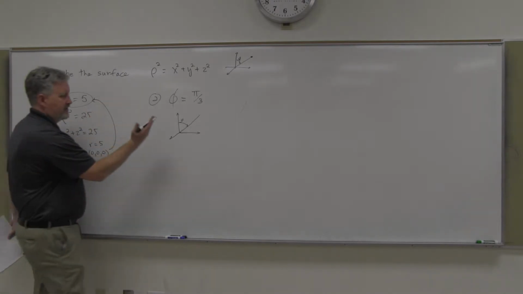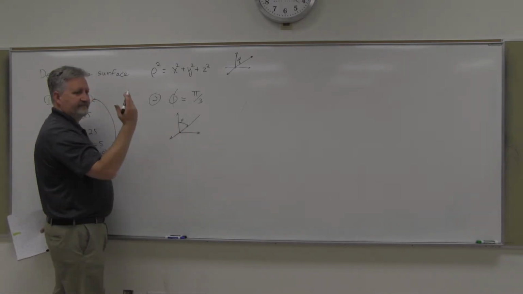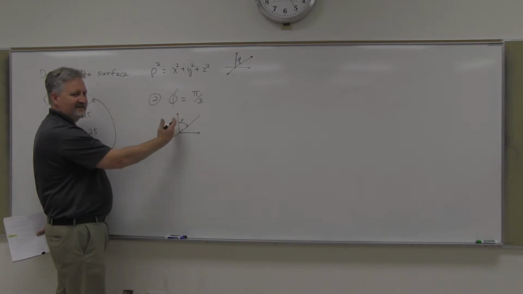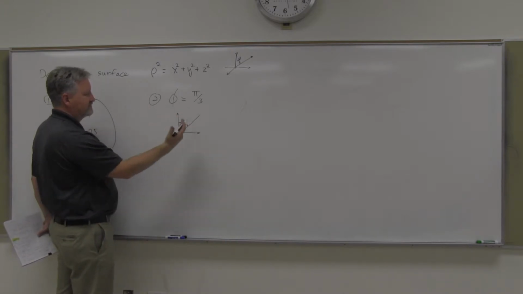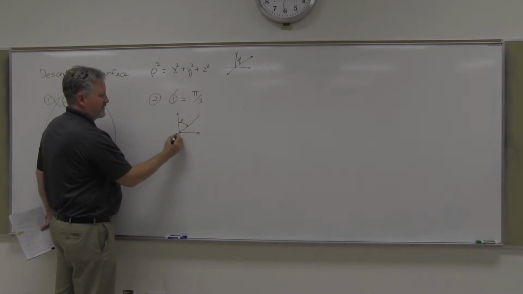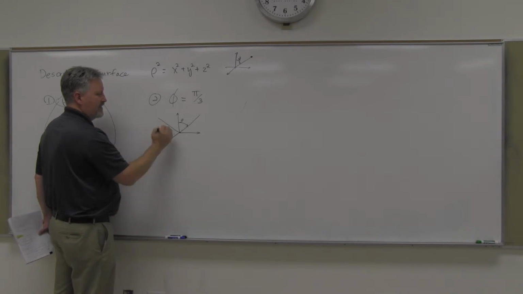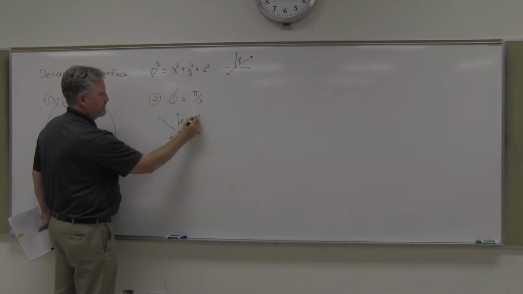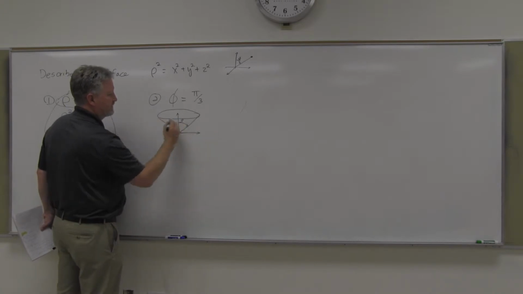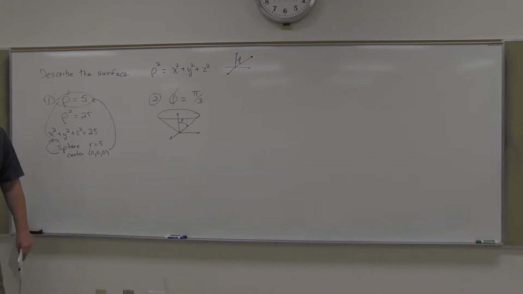Then if you go 360 degrees around that, 2 pi, I guess would be a better way to phrase it, what you wind up with, this side I'm at pi over 3, out here I'm at pi over 3, is a cone. Cones are really nice in spherical coordinates because you can get a cone by simply labeling your phi.